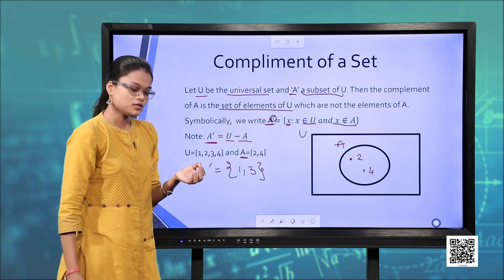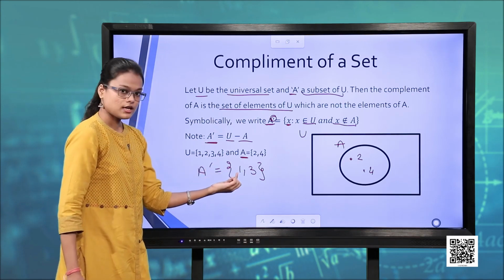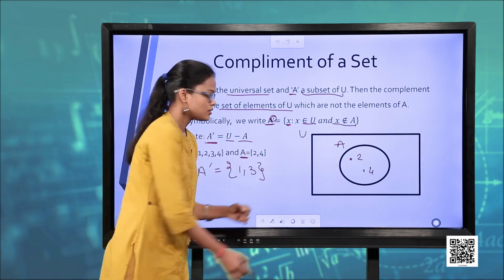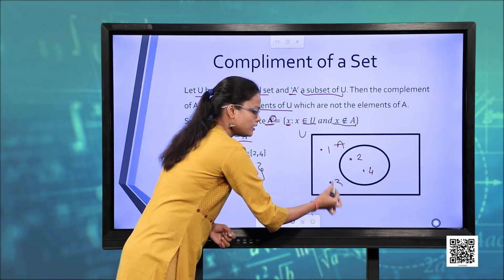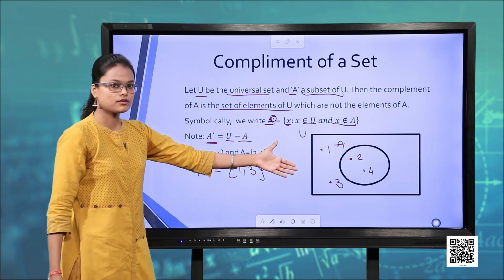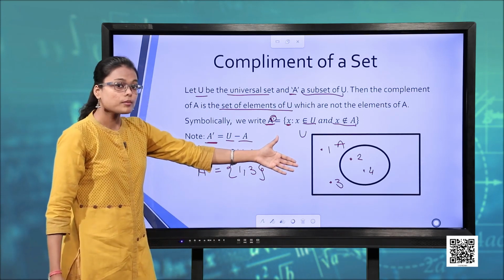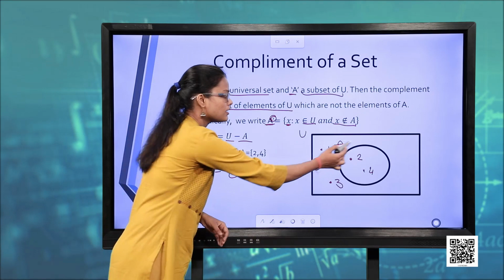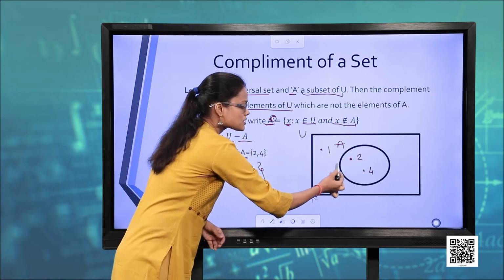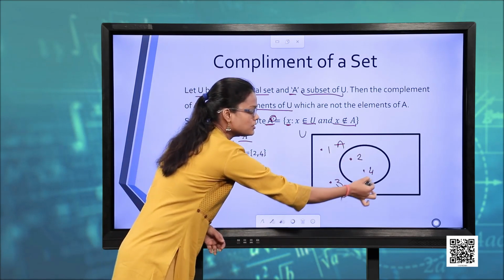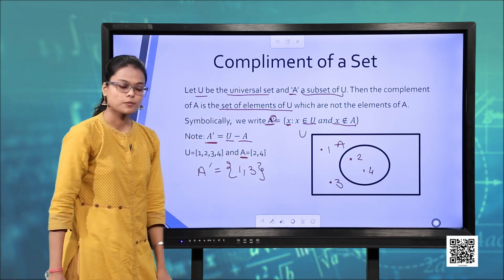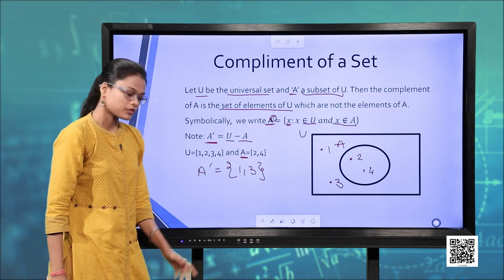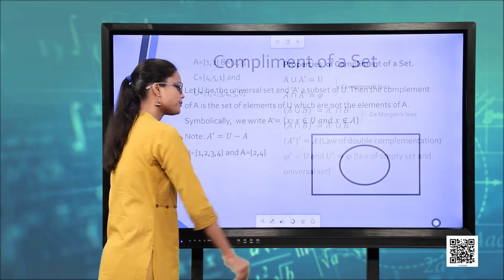So A complement are those elements which are not in A. So it will be represented somewhere here. You can write it anywhere. So this is how we are representing. So the complement part is representing the portion which is outside this circular region, but inside this rectangular part. Okay? Now let us move further.